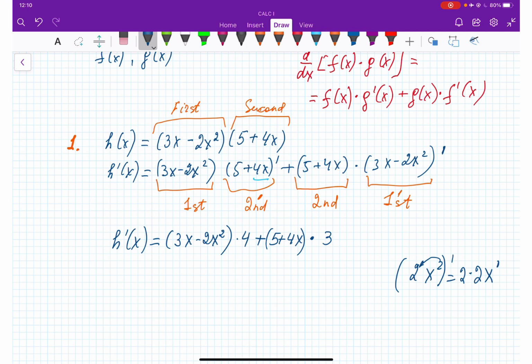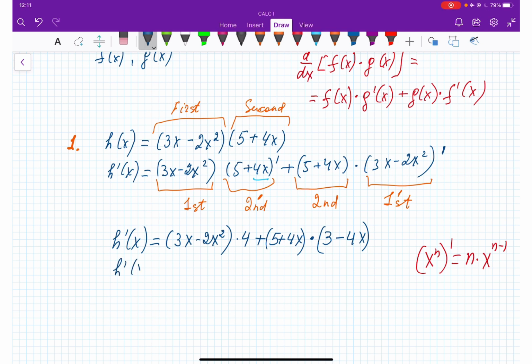So it's going to be 4x minus 4x in parentheses. Yes, this is a rule from the previous video that x to the power n prime is equal to n times x to the power n minus 1. Okay? All right, so now we need to simplify.